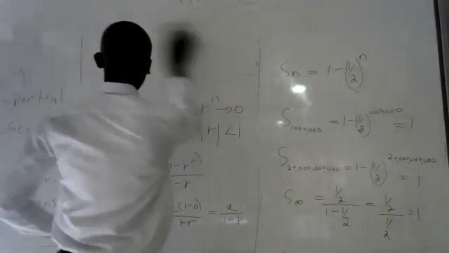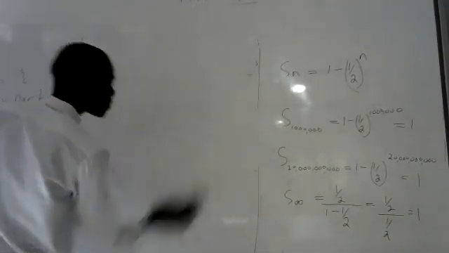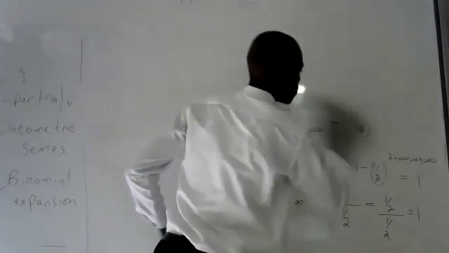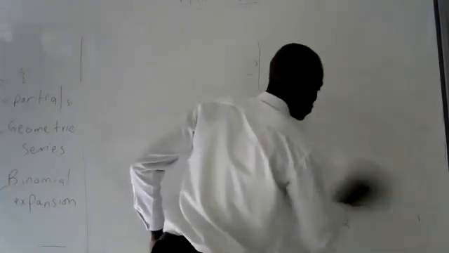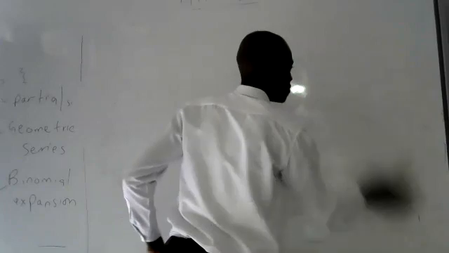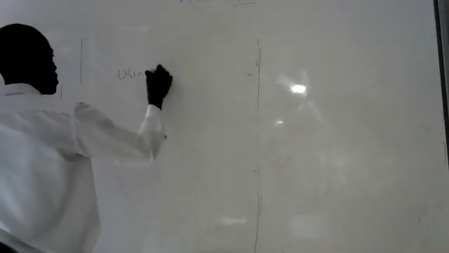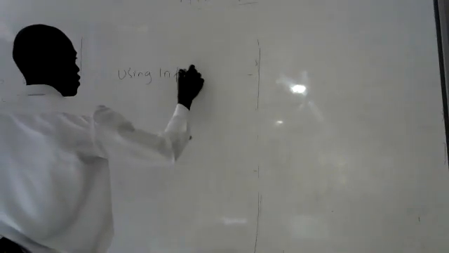Okay, let me give an application of this and something that you've seen before. But we need to add infinitely many terms for us to be able to solve a very easy problem. Using infinite geometric series.